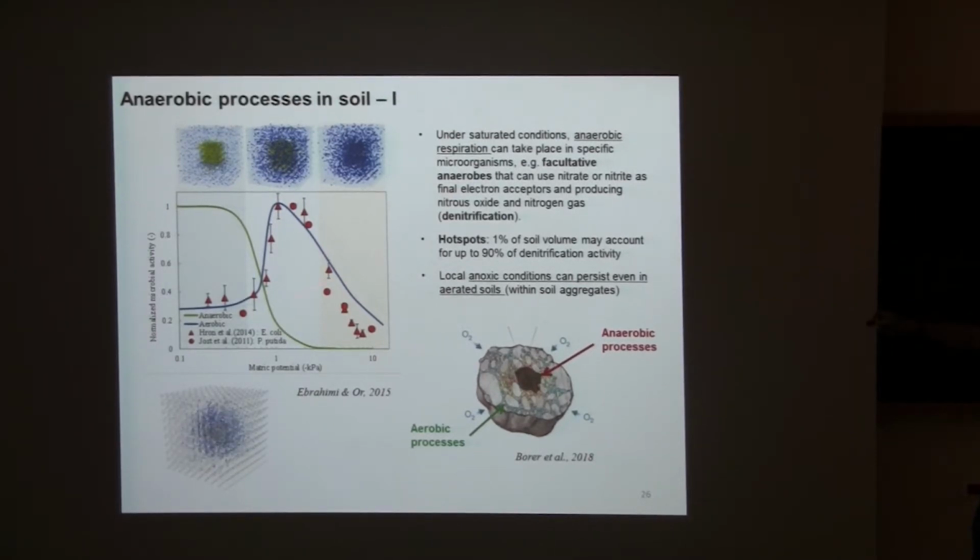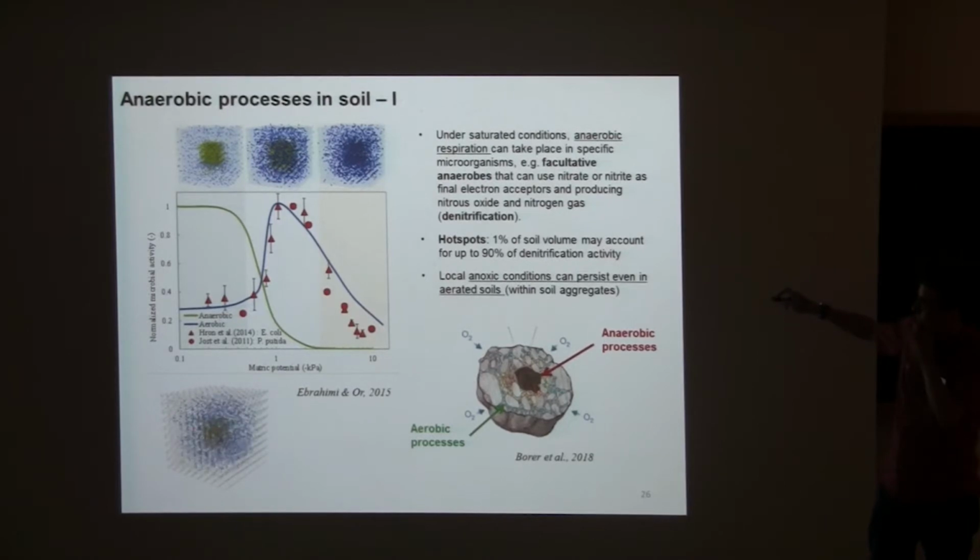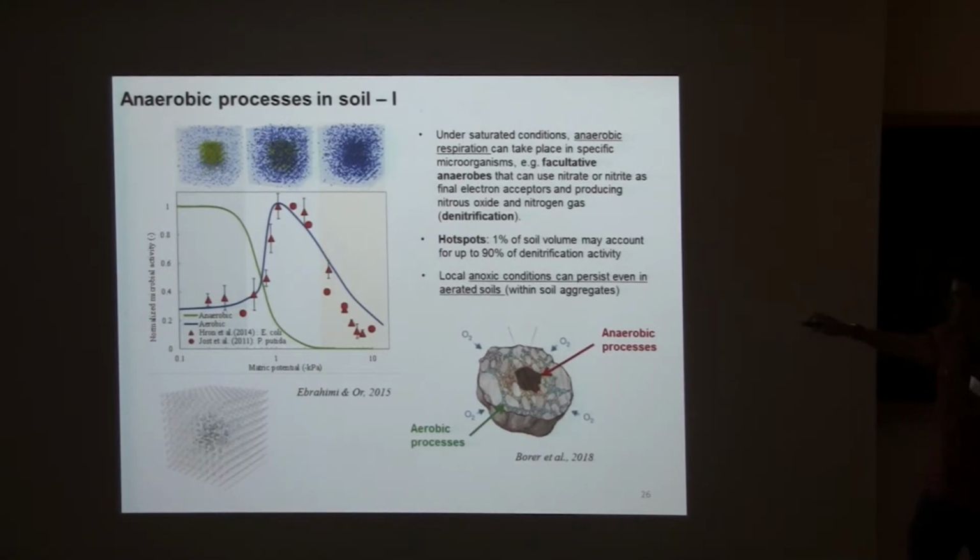Here again are some modeling results, where a pore network model was used, populated with two species. We have a green species, which is anaerobic and can use nitrates to respire, and a blue species, which is aerobic. Interestingly, in such models, each single microbe is represented as an individual.